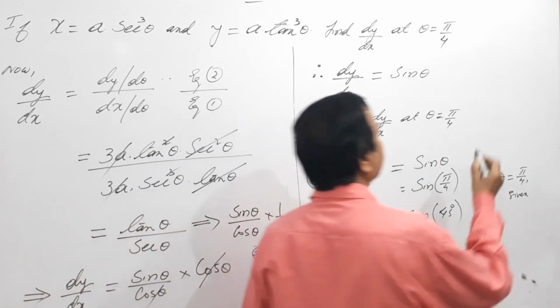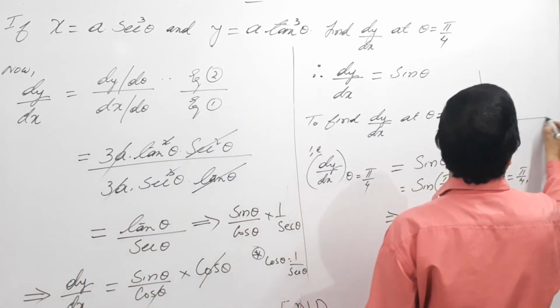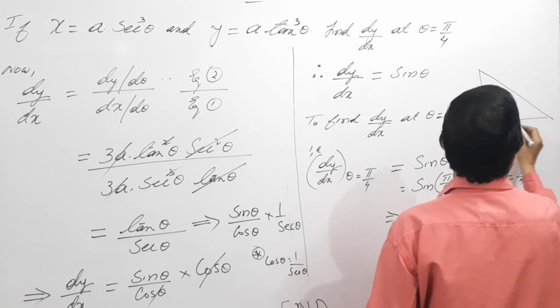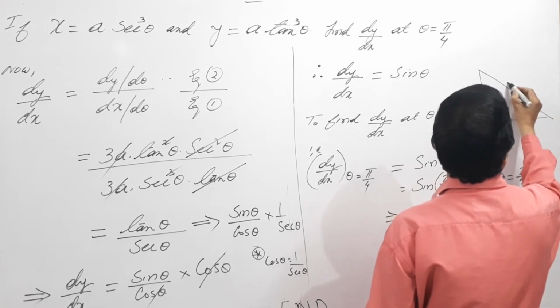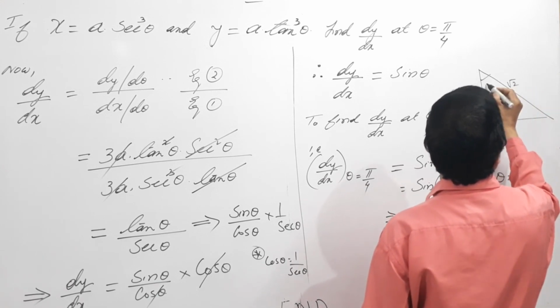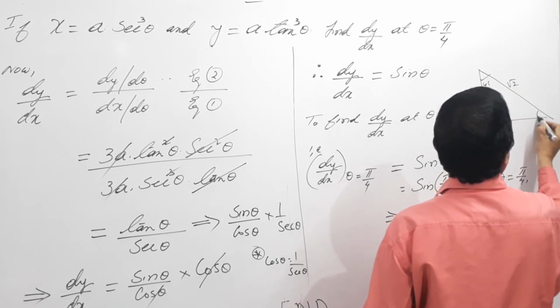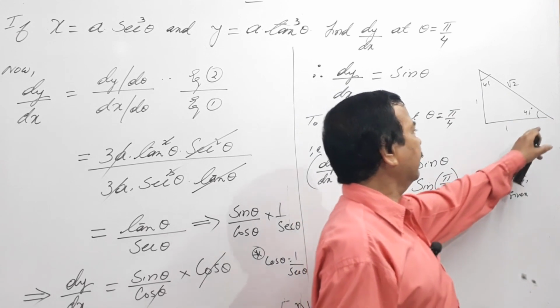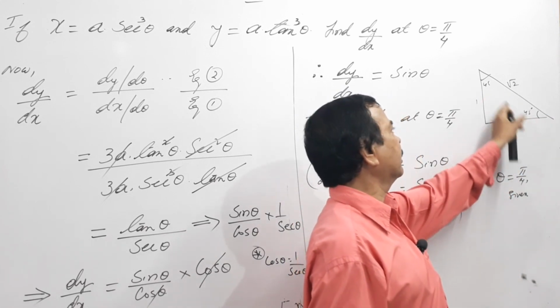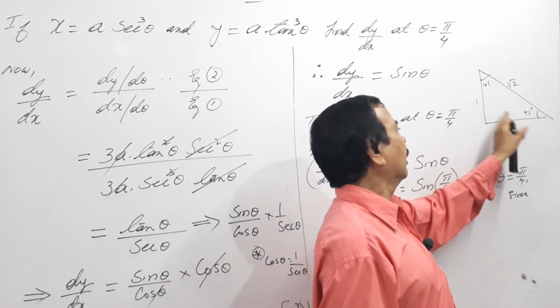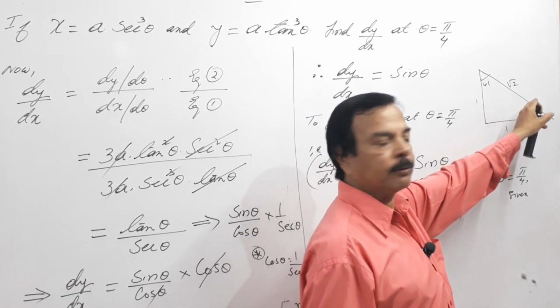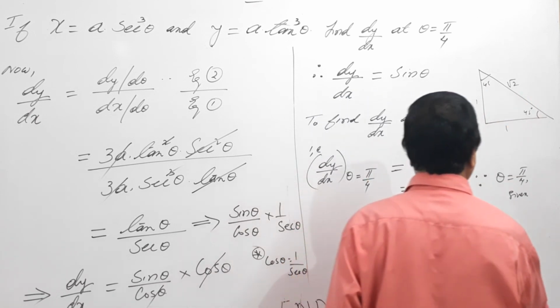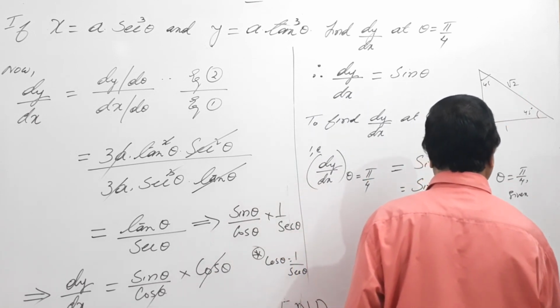So what you do is, you write this triangle immediately, with sides 1, 1, root 2, and call this 45 degrees. You can take any of these angles, both are 45. So opposite by hypotenuse, this is nothing but 1 by root 2.